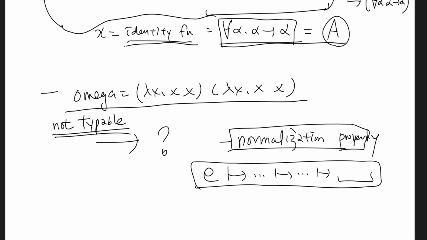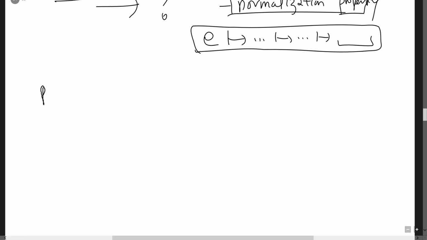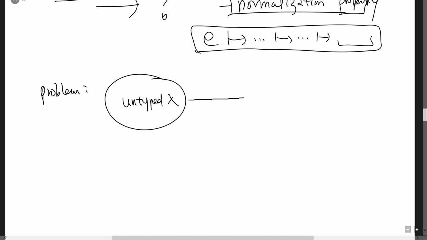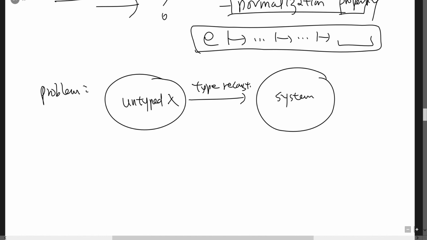So what we have seen so far is that we start with this untyped lambda expression, and then we'd like to reconstruct the types, type reconstruction, to produce an expression in System F such that we have this equation: erase E prime is expression E. So this is E, this is E prime, and we have this connection.